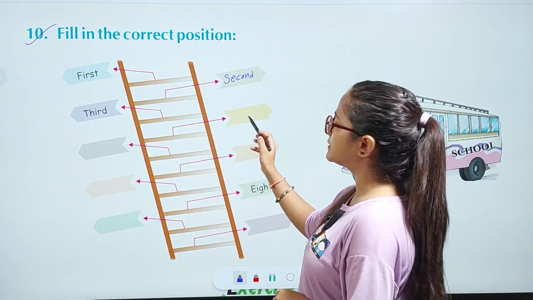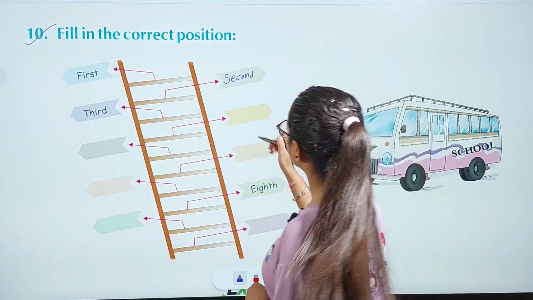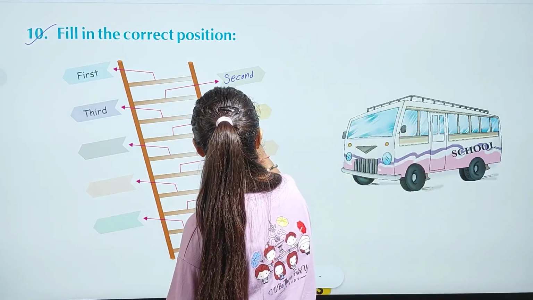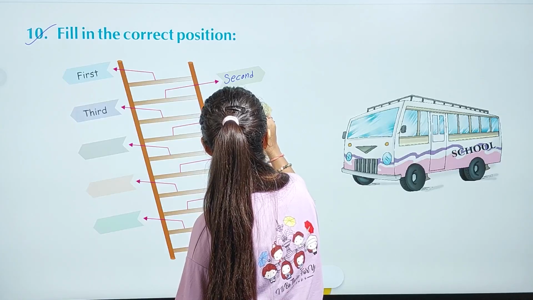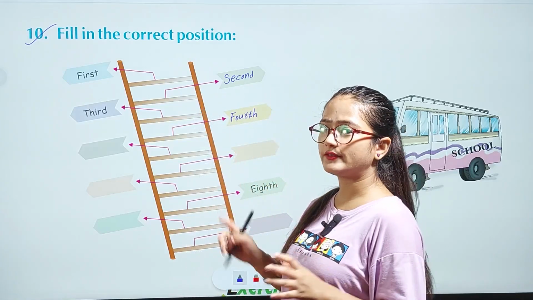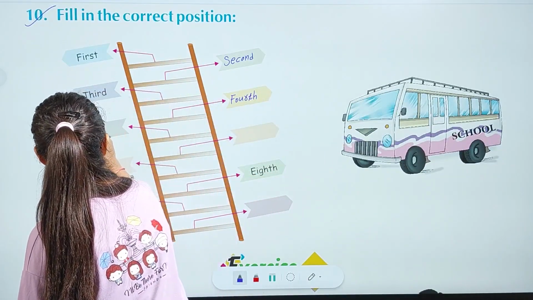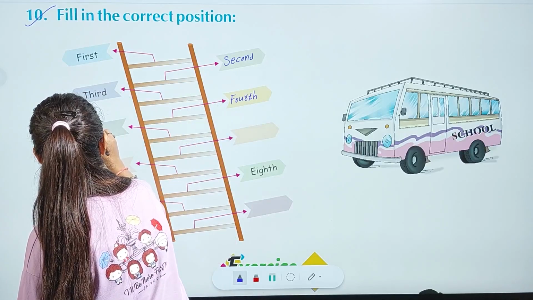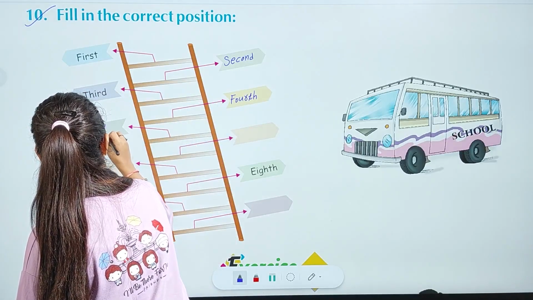Then after third, the number 4 will come. That means you have to write down fourth, F-O-U-R-T-H. And after fourth, number 5 will come, fifth. Write down fifth, F-I-F-T-H.